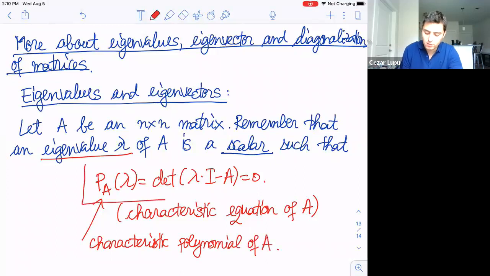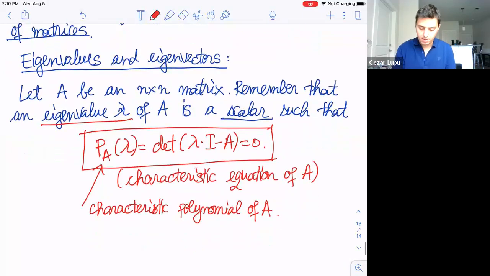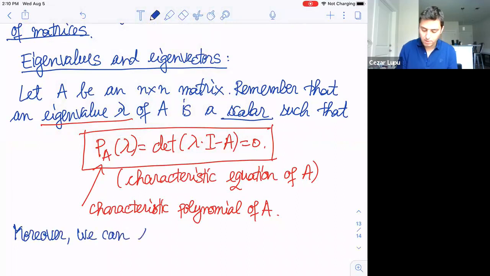This is the equation, and PA of lambda is the characteristic polynomial. And moreover, we can expand this polynomial.